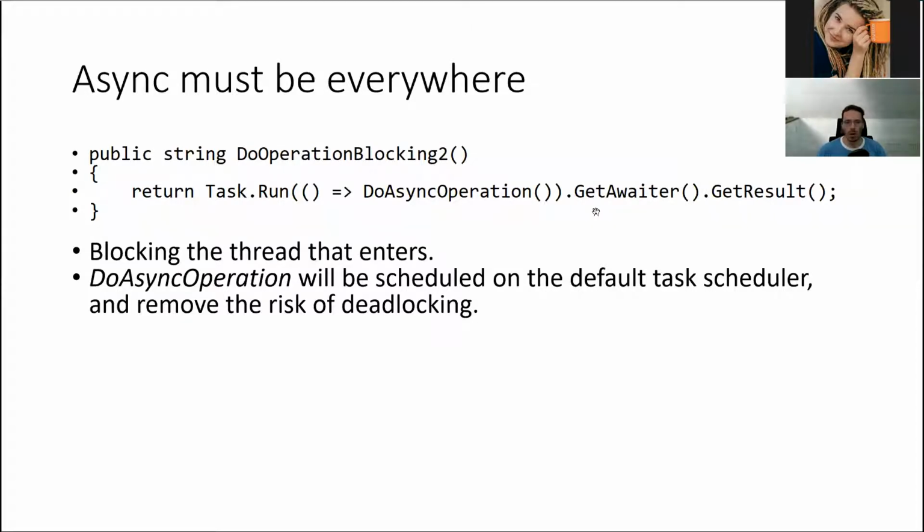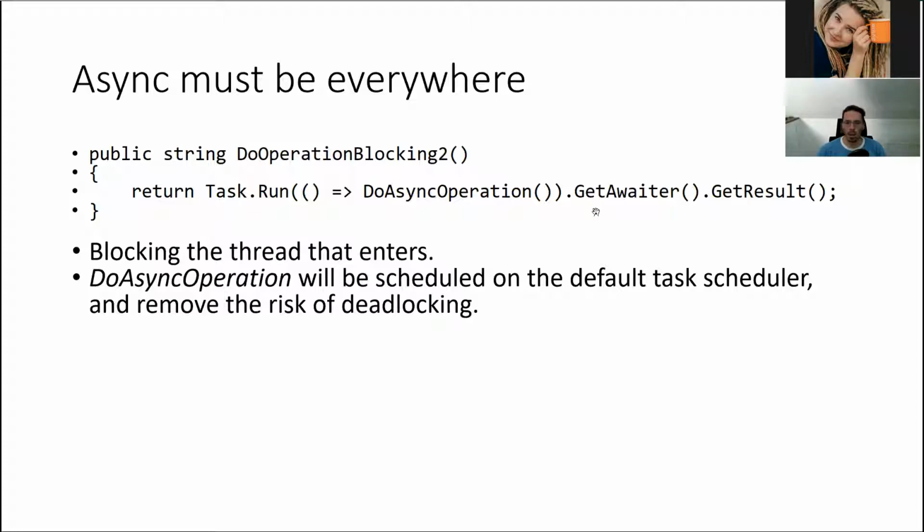You will do the Task.Run and do the same do async operation, and then you will call GetAwaiter().GetResult(). So it's a slightly different way. Instead of calling .result directly, you will call GetAwaiter().GetResult() because you've seen it somewhere. This still blocks the thread that enters. That means, okay, it's blocking the thread, something bad might happen.